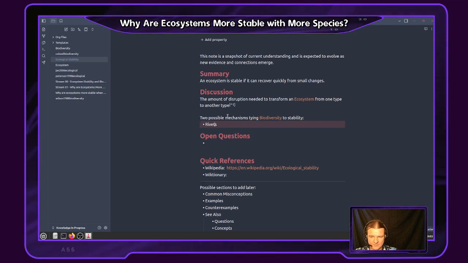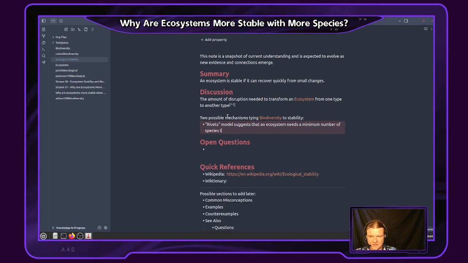Rivets model, and we're going to put that in quotes. Model suggests that an ecosystem needs a minimum number of species to remain stable.